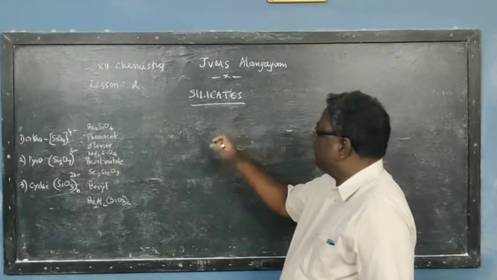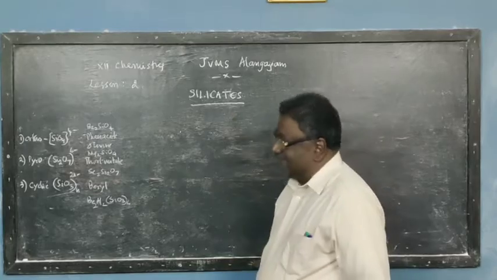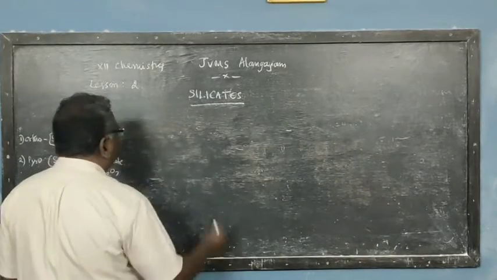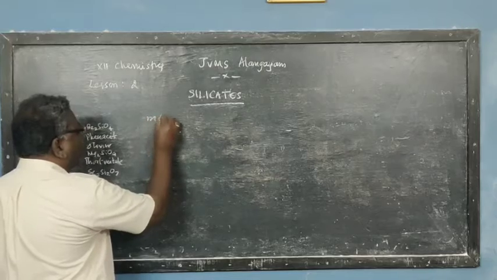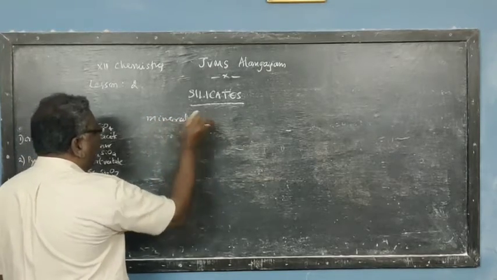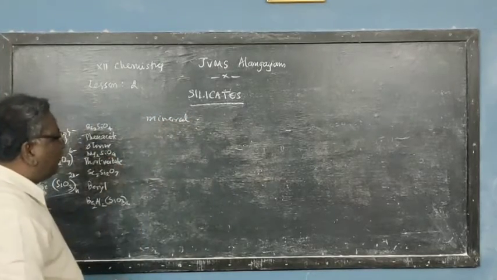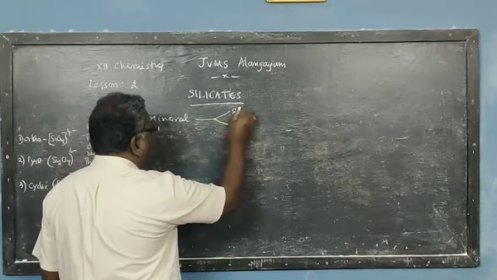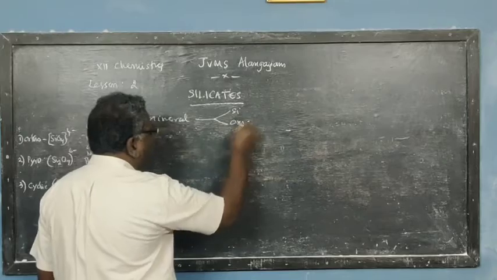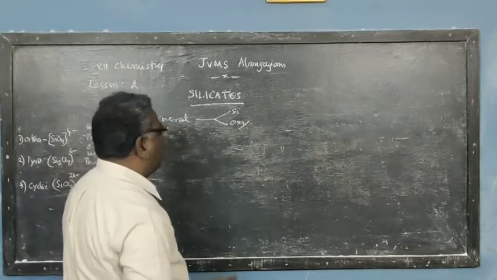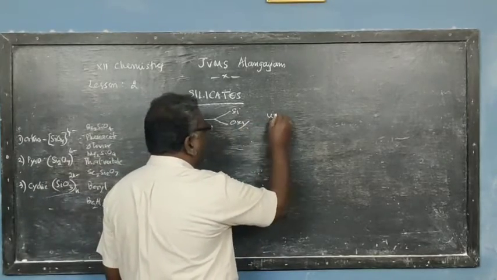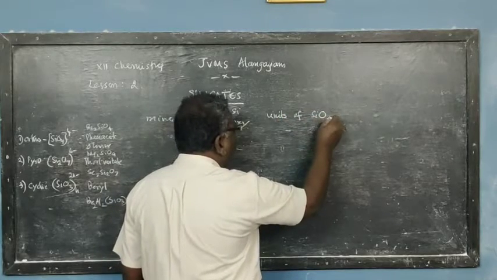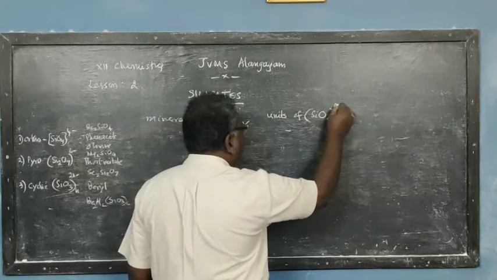And today we are going to start a very important topic called silicates, right? Silicates are almost the minerals which are found in earth as rock and sand, mainly containing two elements, that is silicon and oxygen. And this silicon and oxygen are present as the units of SiO4 4-.